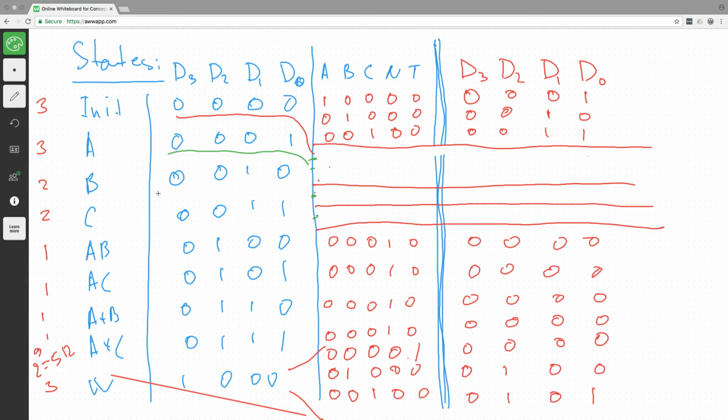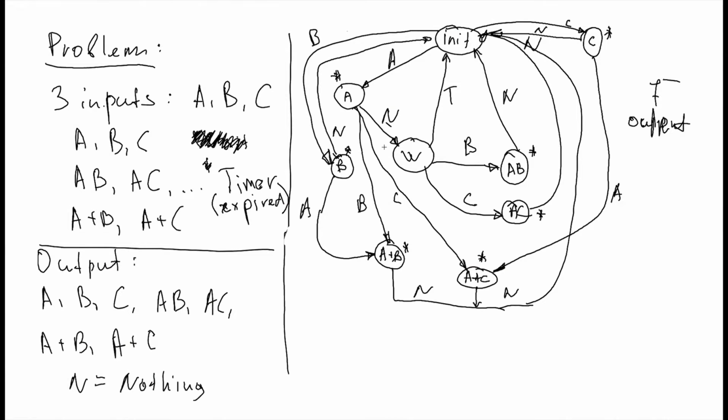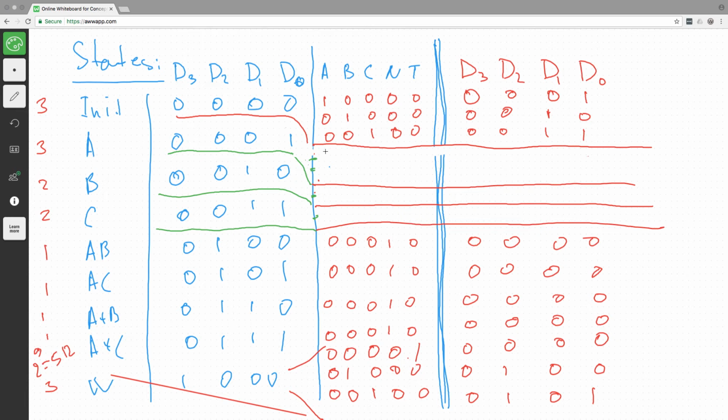That is for B. And that is for C. Okay, so from state A we do have N, C, and B. N is pretty straightforward. C and B also pretty straightforward.